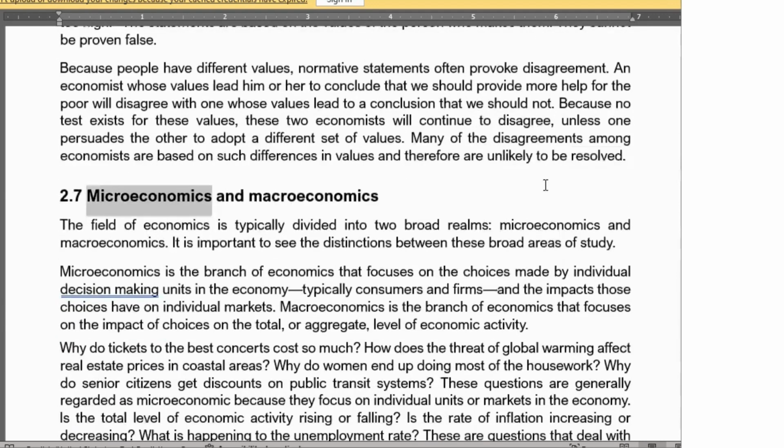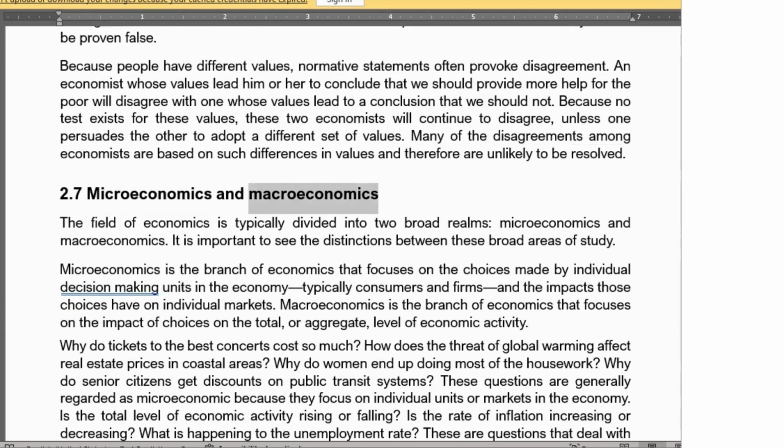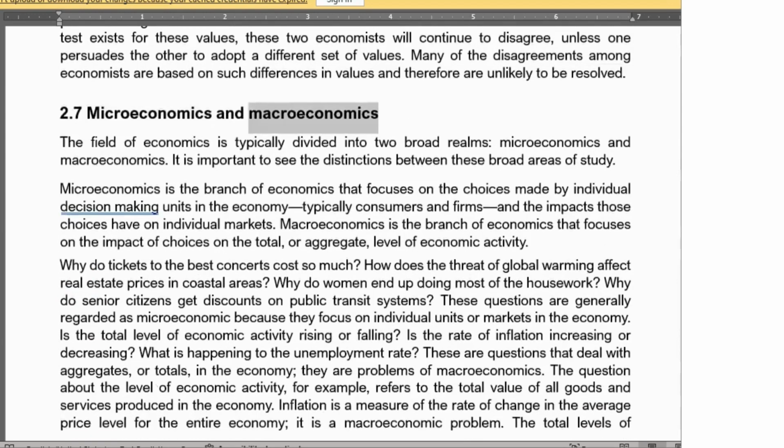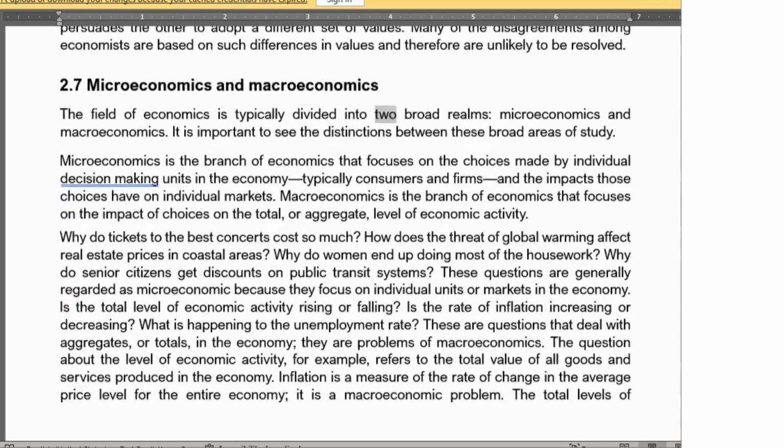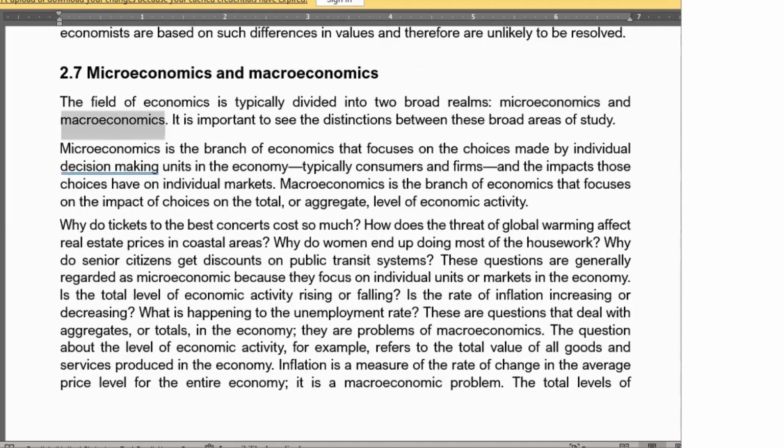2.7 Microeconomics and macroeconomics. The field of economics is typically divided into two broad realms, microeconomics and macroeconomics. It is important to see the distinctions between these broad areas of study.